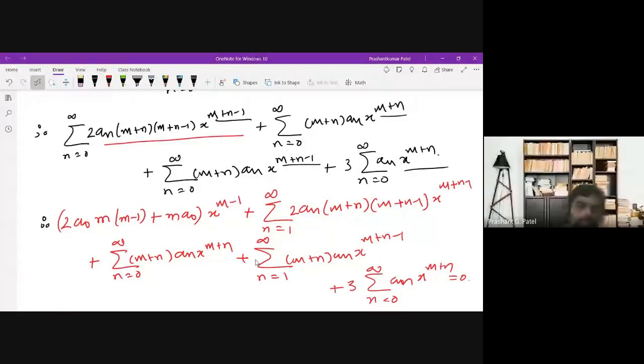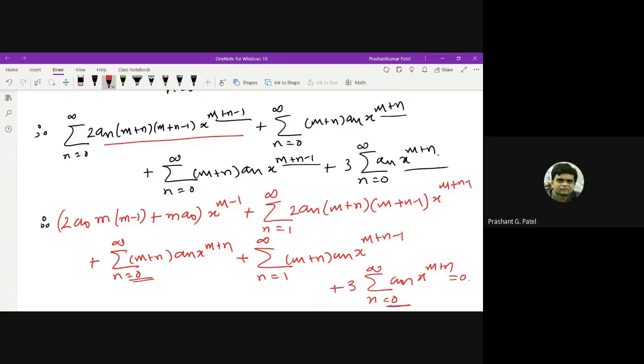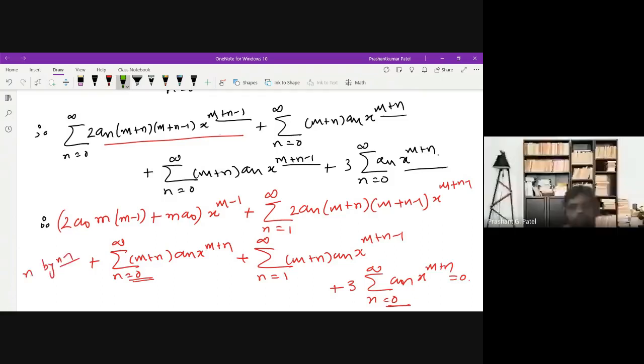Okay. Now what to do? To replace your term here and here, your summation should start with 1. So what you have to do, you have to replace your n by n minus 1.